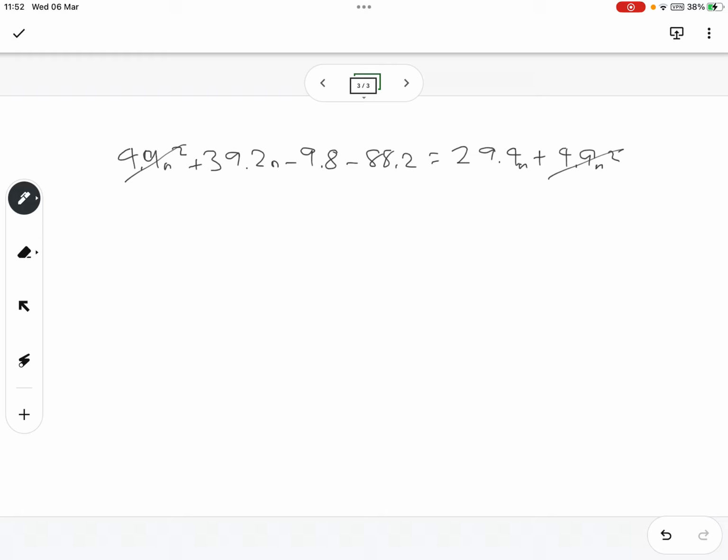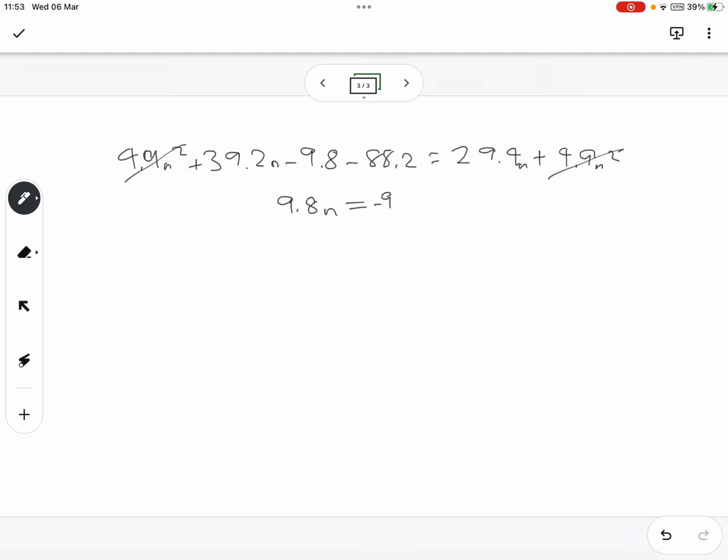What's 39.2 minus 29.4? It's 9.8n. And what's this? Minus 9.8 minus 88.2 is minus 98.